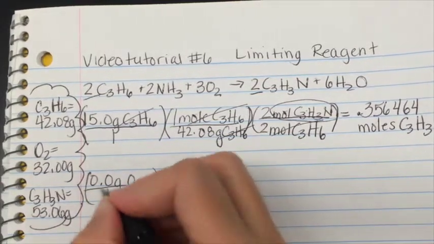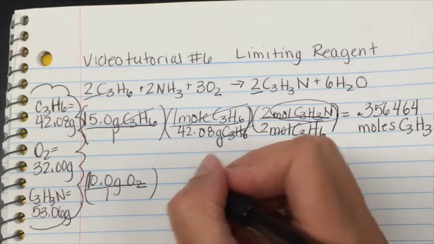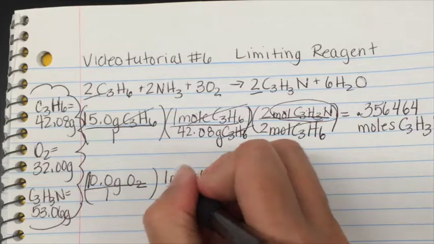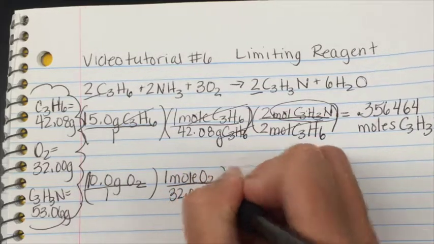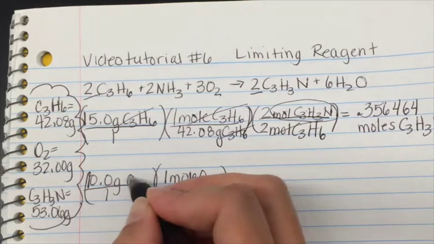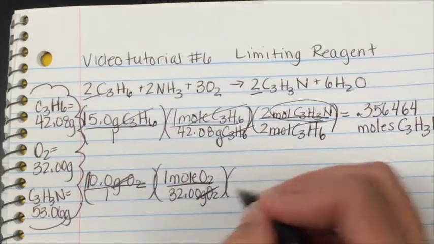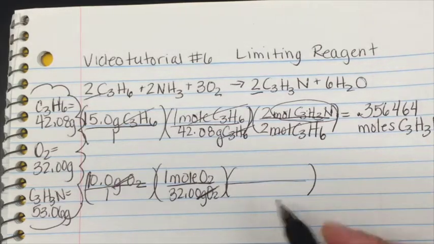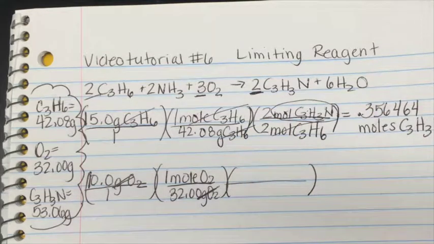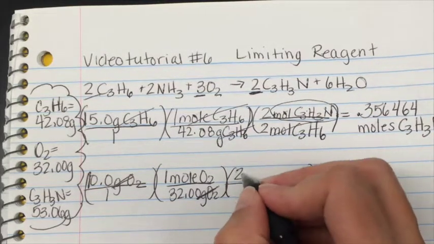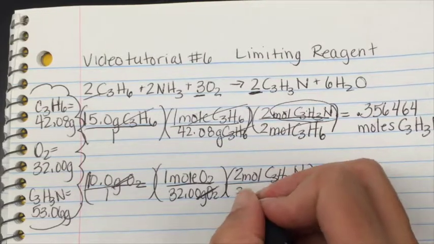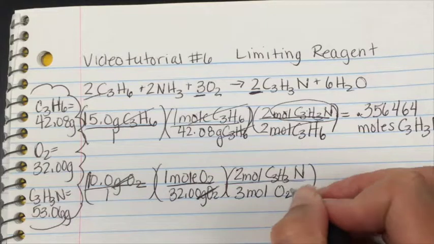Now starting with the oxygen, our 10 grams of oxygen also gets converted into moles by multiplying by the molar mass underneath to get rid of grams and the 1 mole over the top. Now in my balanced equation here, the coefficient of my oxygen is a 3 and the coefficient of my C3H3N is a 2. So I'm going to multiply by 2 moles of product for every 3 moles of O2 in.